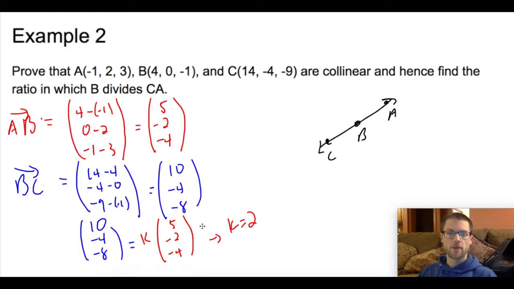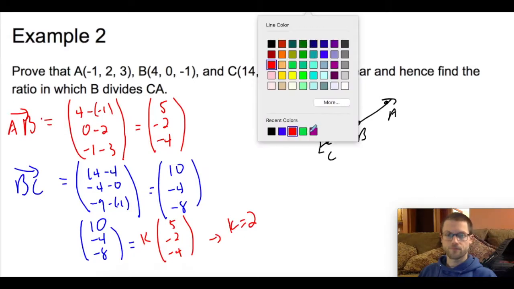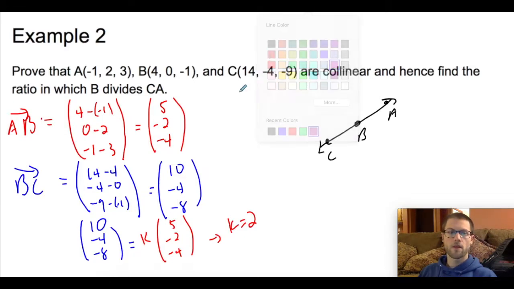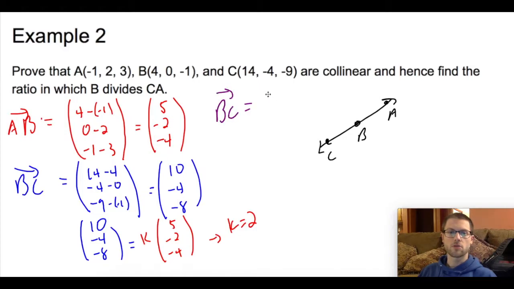Then if I want to compare the ratio between these two, since AB is the smaller and BC is the larger, BC is 2 times the size of AB. So vector BC is equal to twice the vector AB.